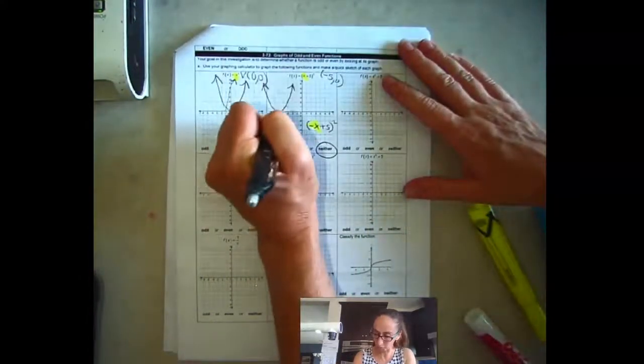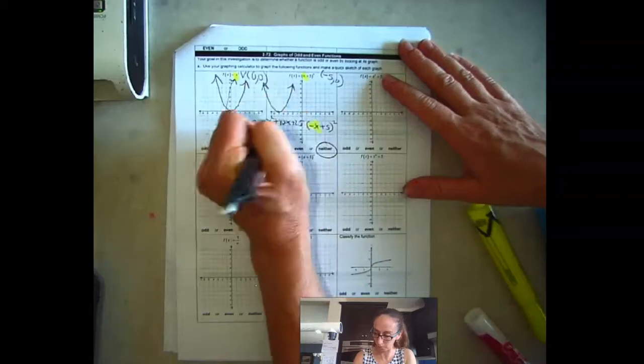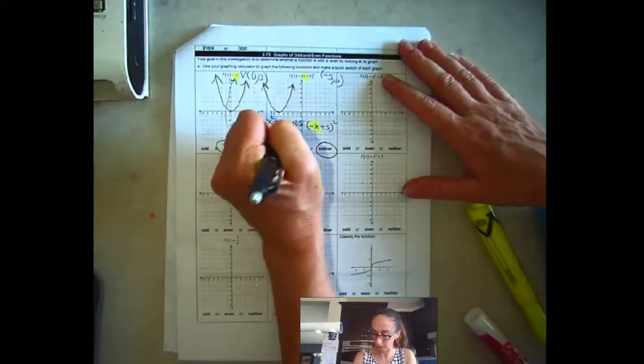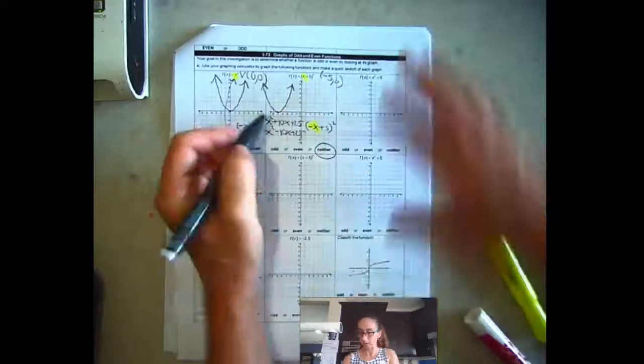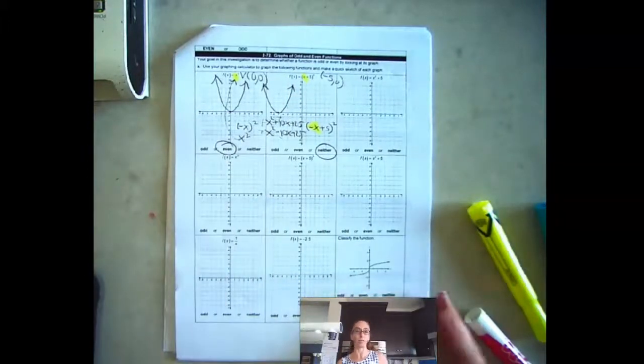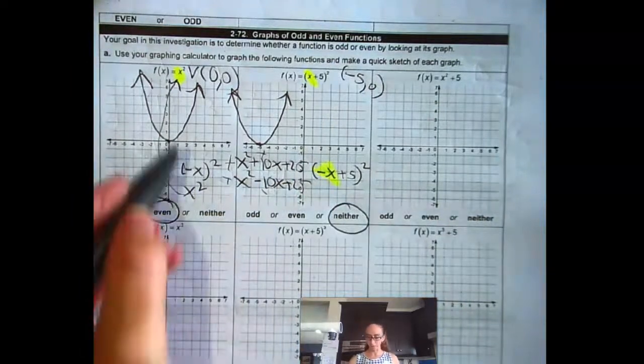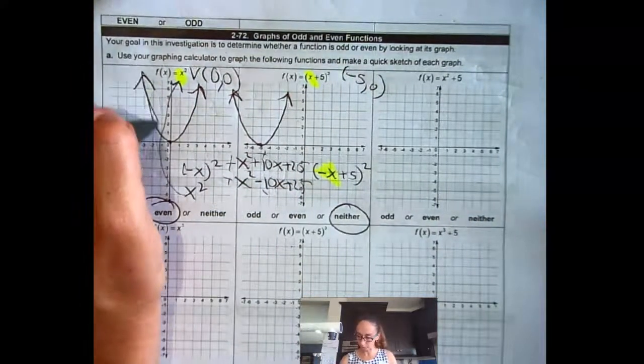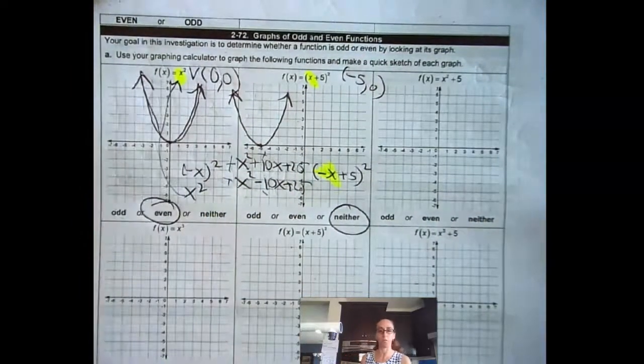Because if you have x squared plus 10x plus 25, this one is x squared minus 10x plus 25. This is positive, positive. This is positive, negative. So it's like, are they the same or are they different? You can't tell. Okay. Now that means that if I was to graph this, the negative one, it would just be on top of itself.